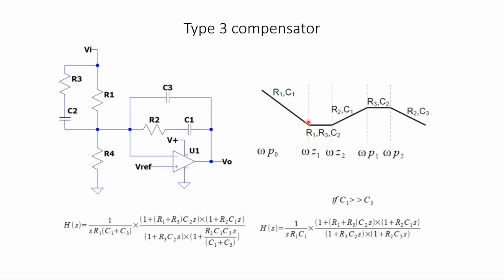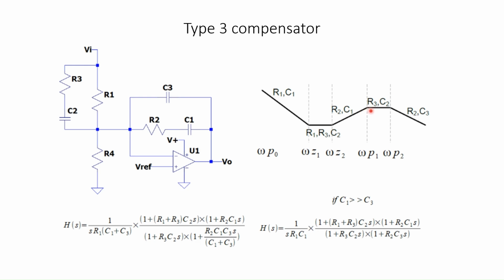The magnitude falls at 20 dB per decade from origin. When the first 0 crosses, there will be a 20 dB per decade increase in magnitude, so that it becomes a constant. Then there is another 0 at 1 over R2 C1, so the magnitude increases by 20 dB per decade.